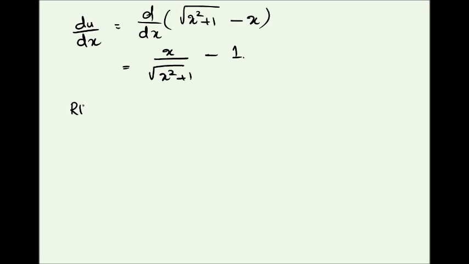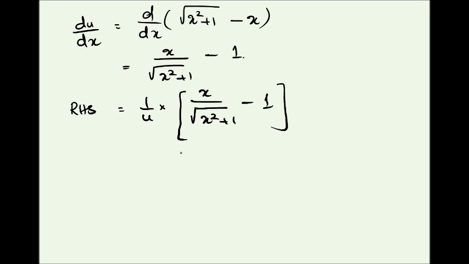Now substitute this value. We have RHS equal to 1 by u into (x divided by √(x²+1) minus 1), and u is equal to √(x²+1) − x.